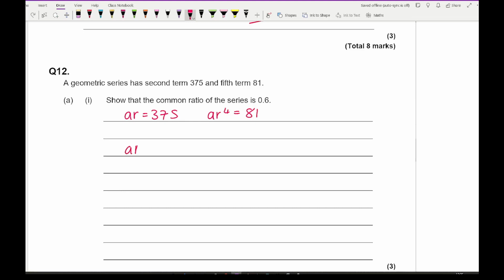So if I then do AR to the 4 over AR, that's going to equal 81 over 375, which then cancels down to give me R cubed. Now R cubed is going to equal 27 over 125. So therefore r is going to equal 3/5, which is 0.6.